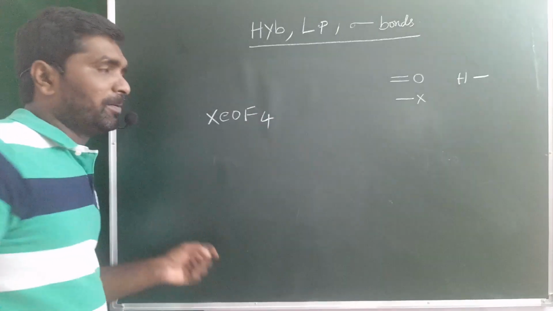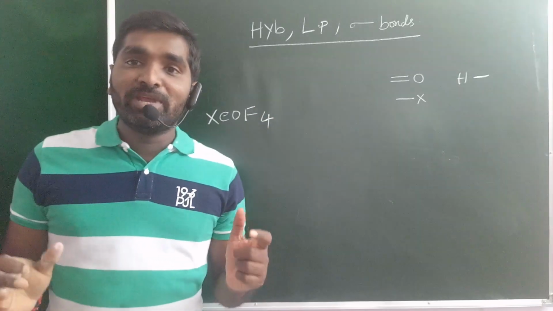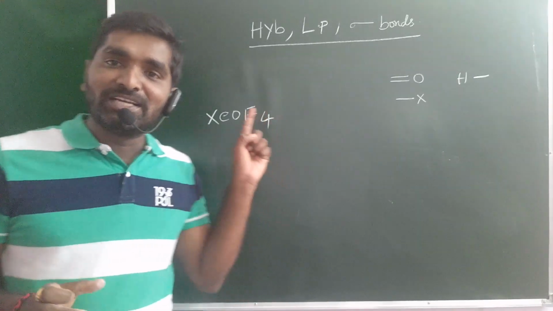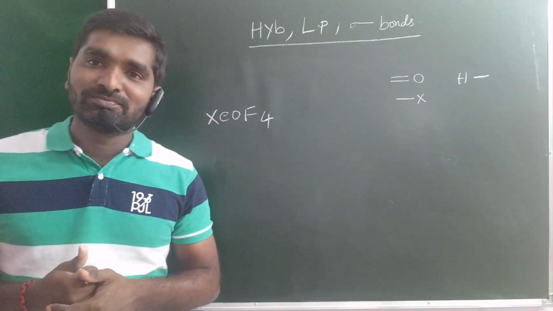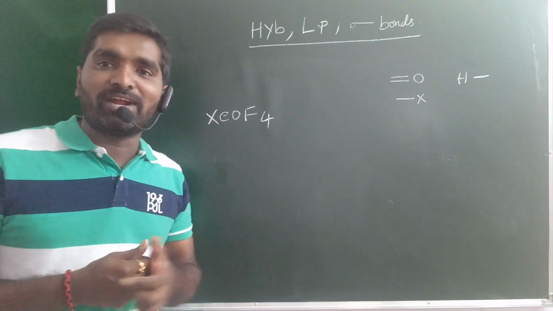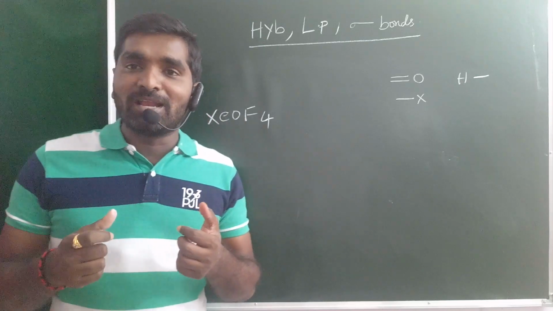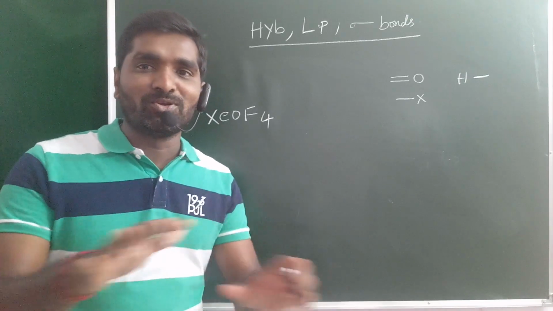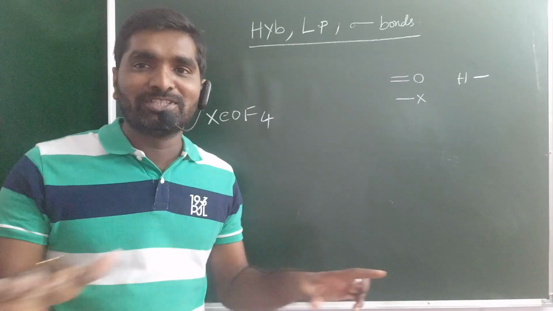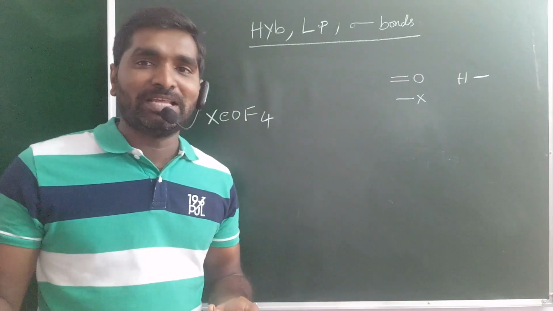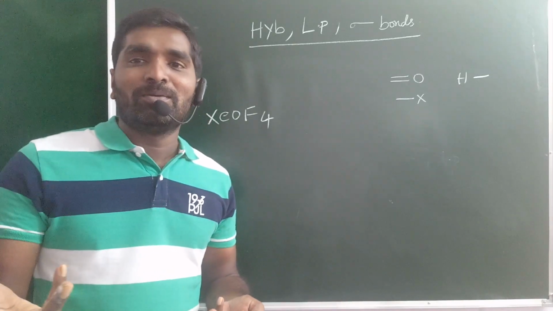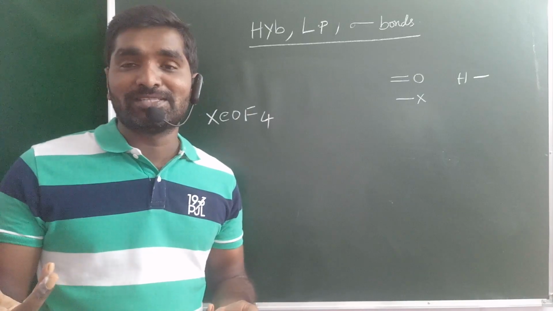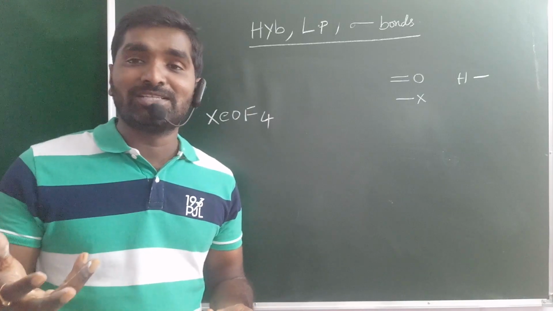XeOF4, xenon oxytetrafluoride. My question is, how many sigma bonds are present in XeOF4, and how many lone pairs are present on the central atom? Simple trick guys, there is no formula. I don't tell about the formula of half into V plus monovalent atoms plus charge on anion minus charge on cation.